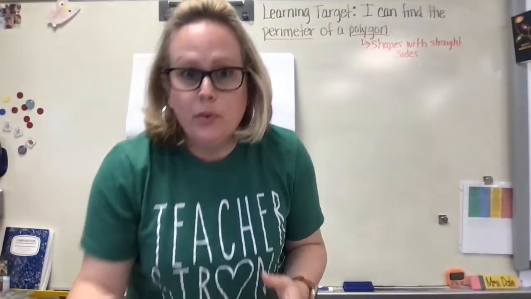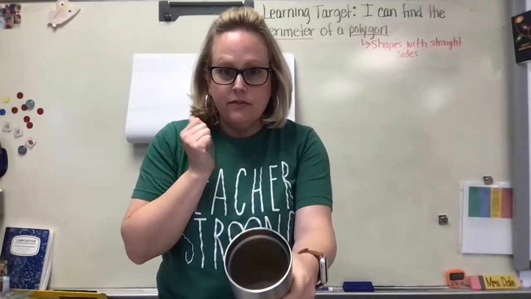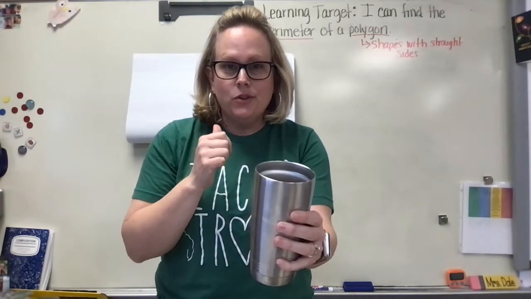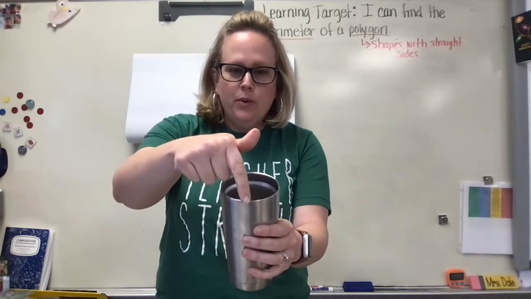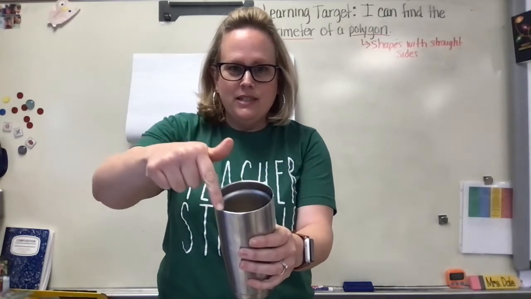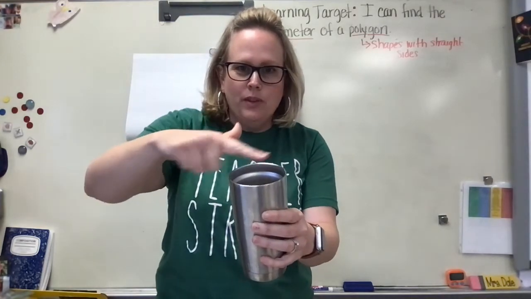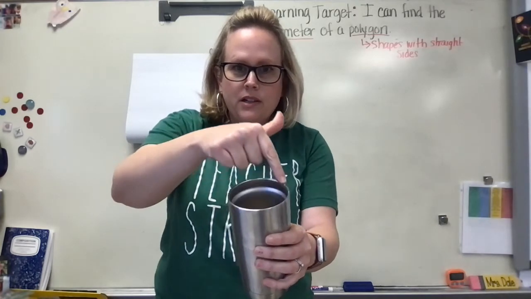So, for example, if I have my cup here with my tea in it from this morning that I didn't drink, so now it's cold, but oh well. If you have a cup, the rim is the outside edge. That's the rim. So we're not thinking about this space or this space. We're thinking about if we could trace it with our finger all the way around.